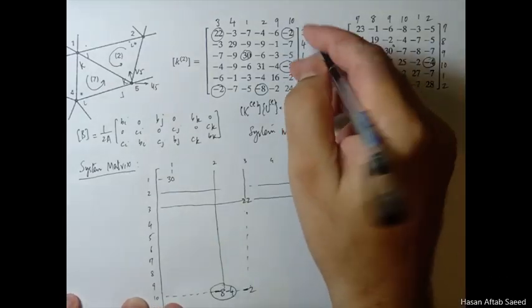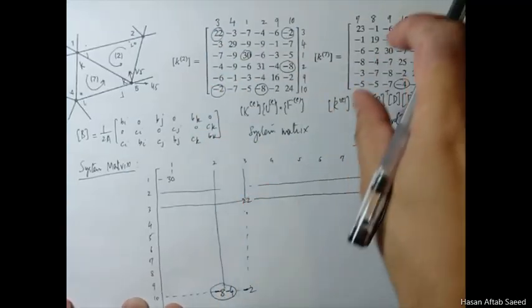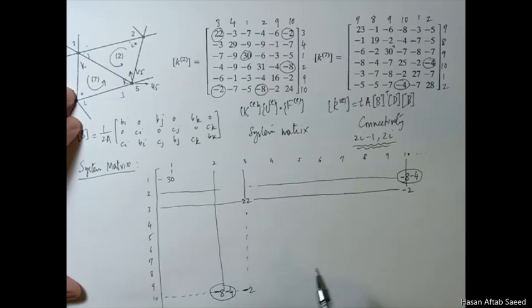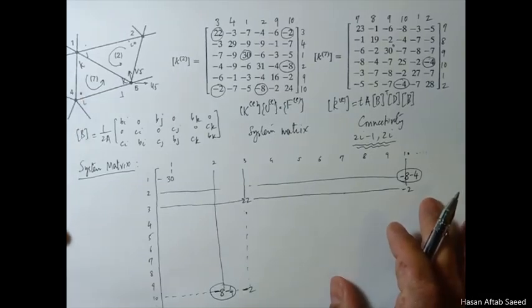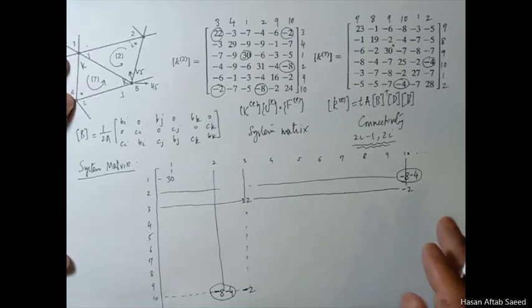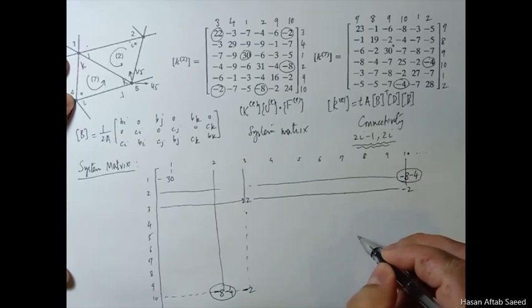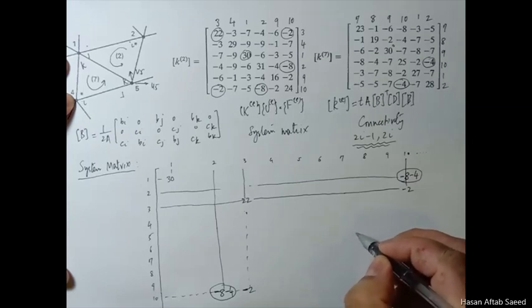You first transfer all these entries here, then you transfer all these entries here. There will be some repetition also. By repetition I mean there will be some points where you have to add them together, but that is no problem. And the net result will be that your K matrix will still be symmetric.